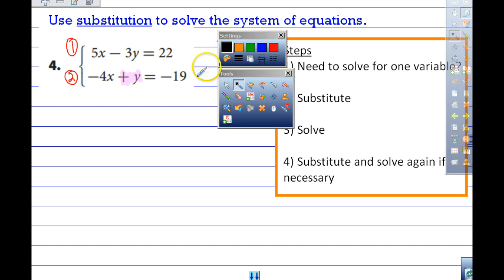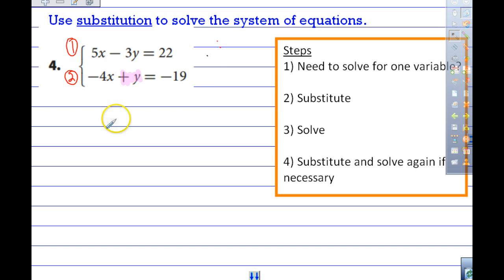Yeah, what gives it away that this is the easiest one to solve for? We have a 5, a negative 3, a negative 4, and then we have a 1. Or no number here, but it's a 1. So yeah, that's probably a good indicator. If all the other coefficients are not 1, and you have one that is just plus y or plus x, that's probably a good idea to go ahead and solve that equation for that variable.